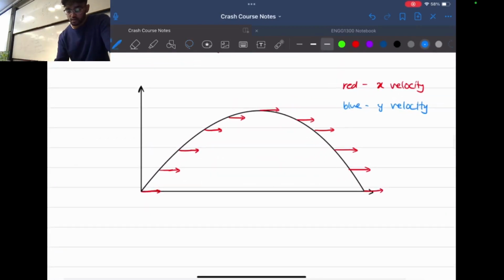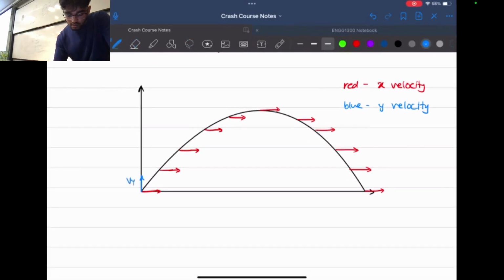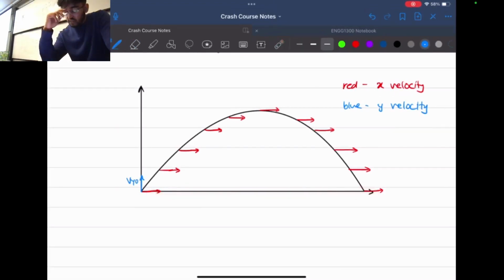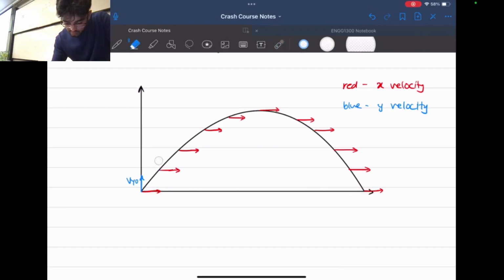So it has an initial velocity of Vy0, but as we move further to the right, the velocity of y will slowly start to decrease because of the deceleration of gravity, right? So it will get a bit smaller, even more, and at this point it will just be 0.